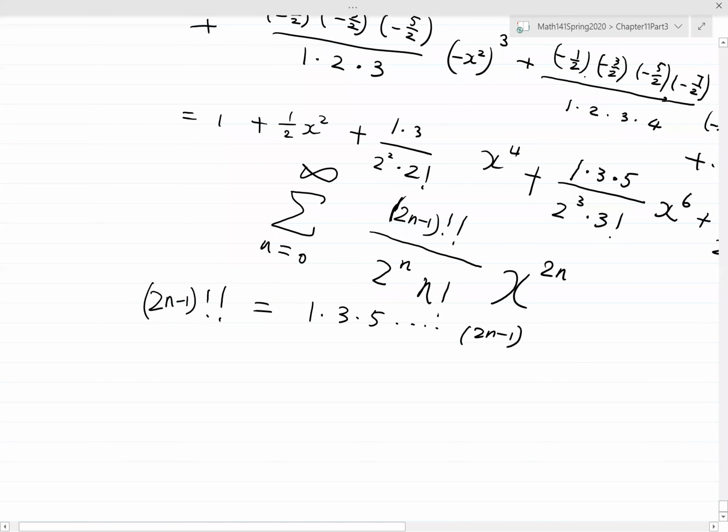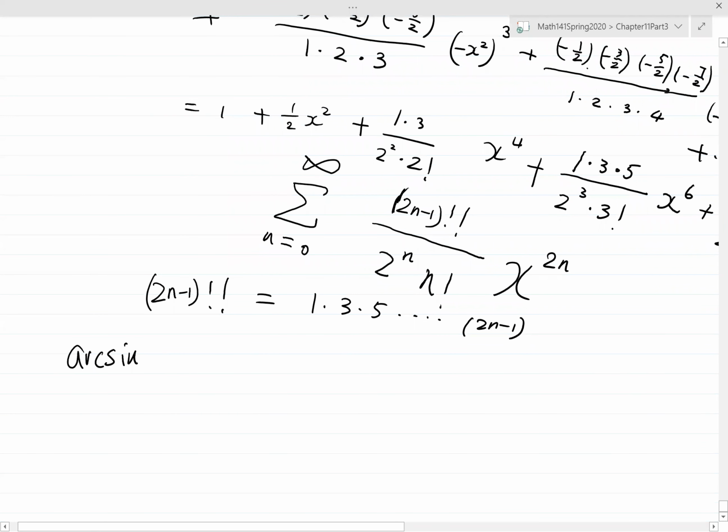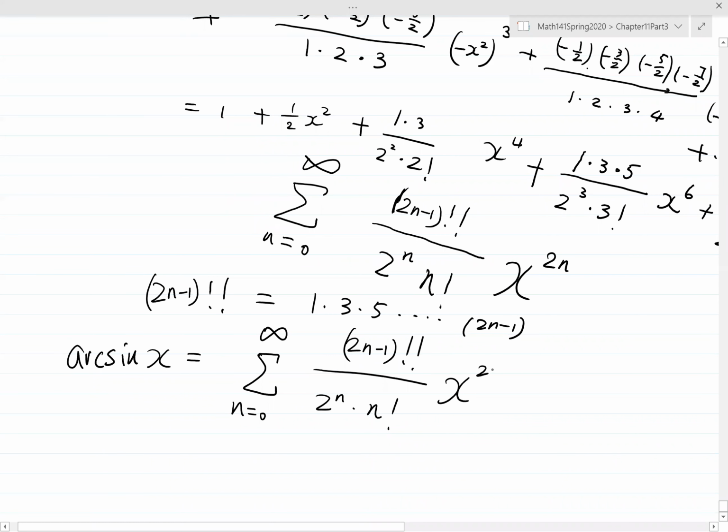So the series is the sum for n from 0 to infinity of (2n minus 1)!! over 2 to the power n times n factorial, x to the power 2n.